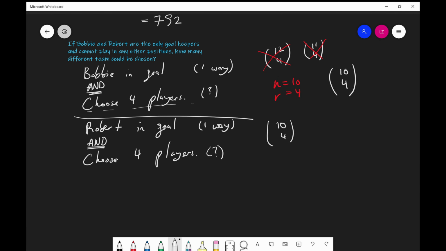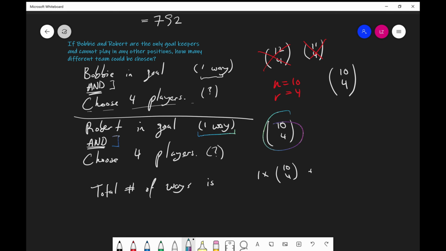There we go. So the total number of ways is 10, remember, and times 1. So it's 1 times 10 choose 4 plus, same deal here, we have the 10 choose 4 and for that one way.